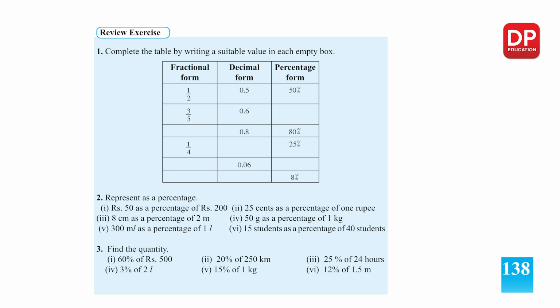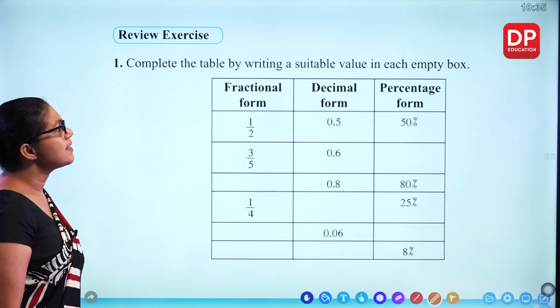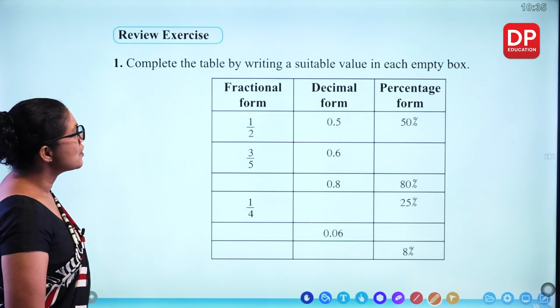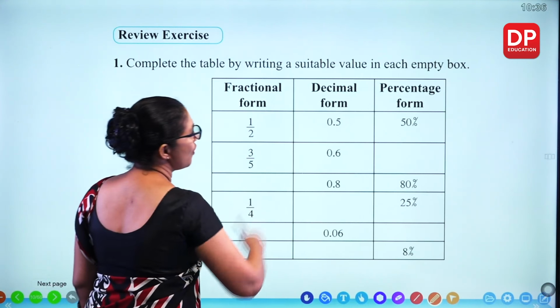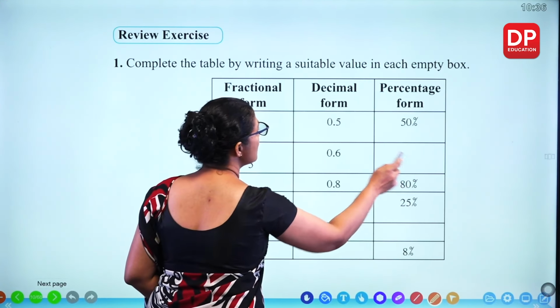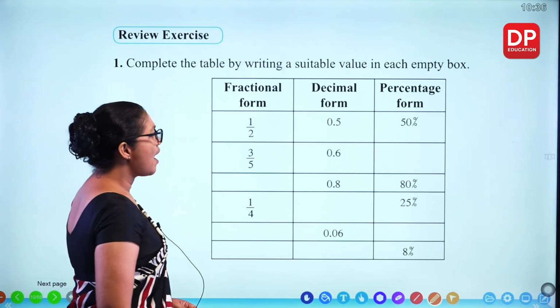Now we'll look at the review exercise in your textbook. It says complete the table by writing a suitable value in each empty box. The first one is already done for you. You are asked to find the percentage of this decimal. How do we do it? We multiply by 100.